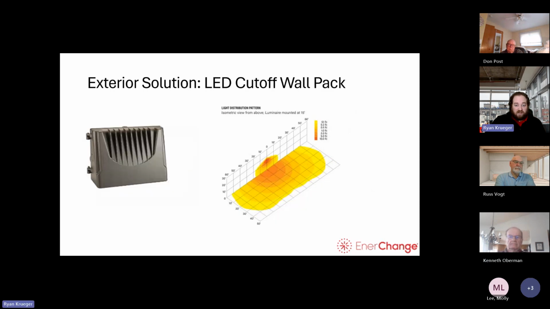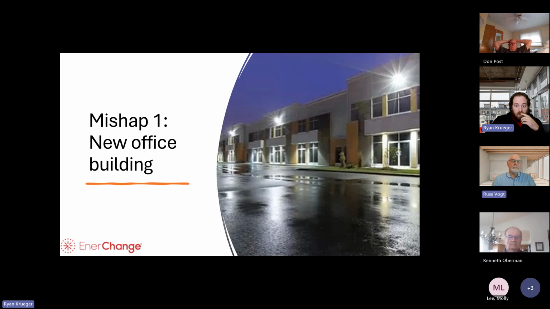But the solution is this. The lighting distribution pattern from here to here at the same mounting height covers the same amount of light. So instead of doing a wall pack, do a cutoff. You can go up in wattage to have it throw farther out if you need to, but this is exactly the application where if they would have done a cutoff wall pack, you wouldn't have all of this light throwing up.